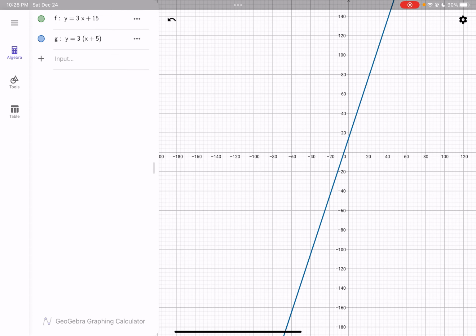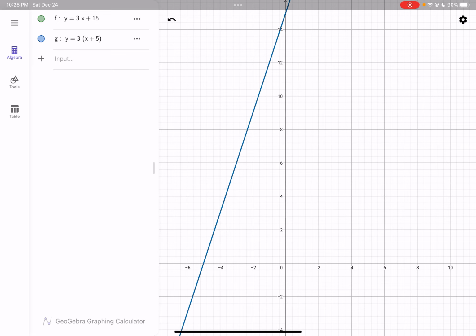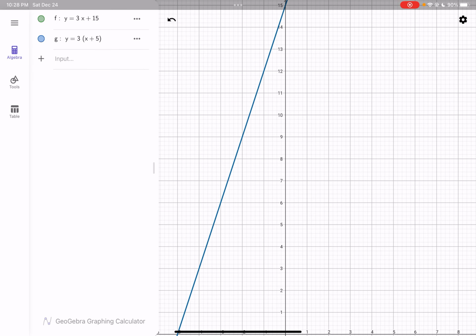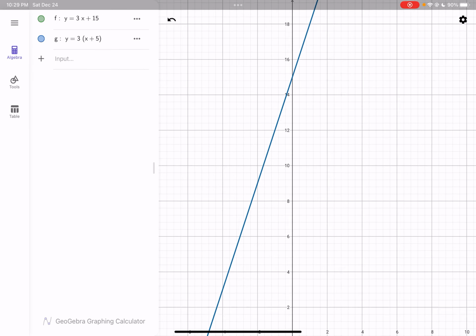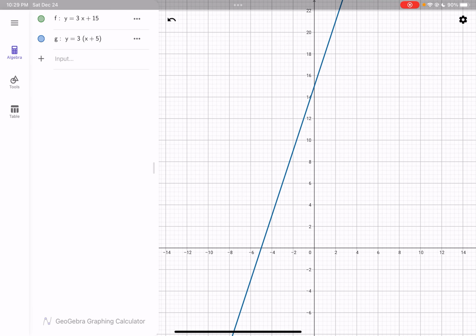Oh, look, I only see one straight line. And that's because this straight line is the same in both cases. That being said, there's only one possible solution. Sorry, no, there's infinitely many solutions. There's only one straight line, infinitely many solutions.